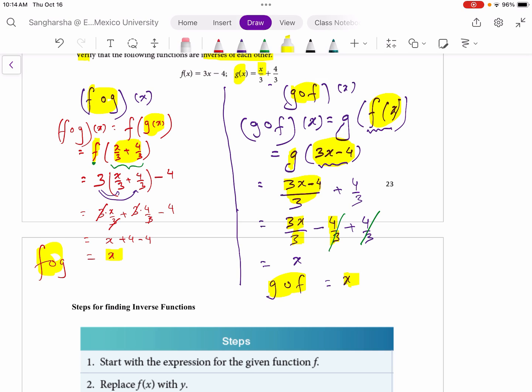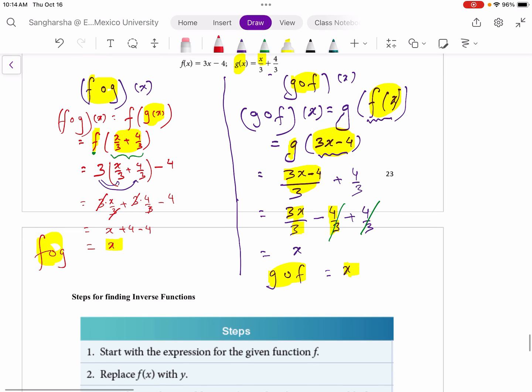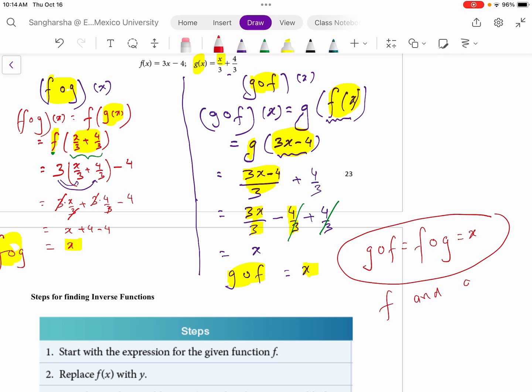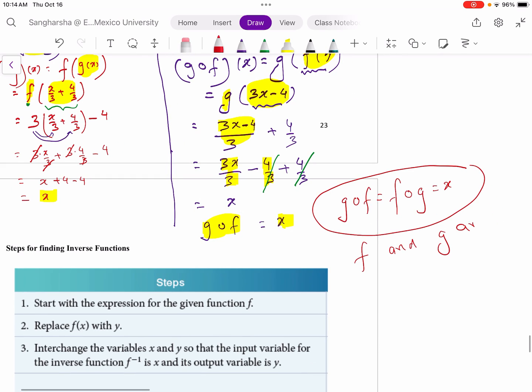If G composite F equals F composite G and this equals x, then F and G are inverses of each other. So the inverse of function F is G, and the inverse of function G is F.